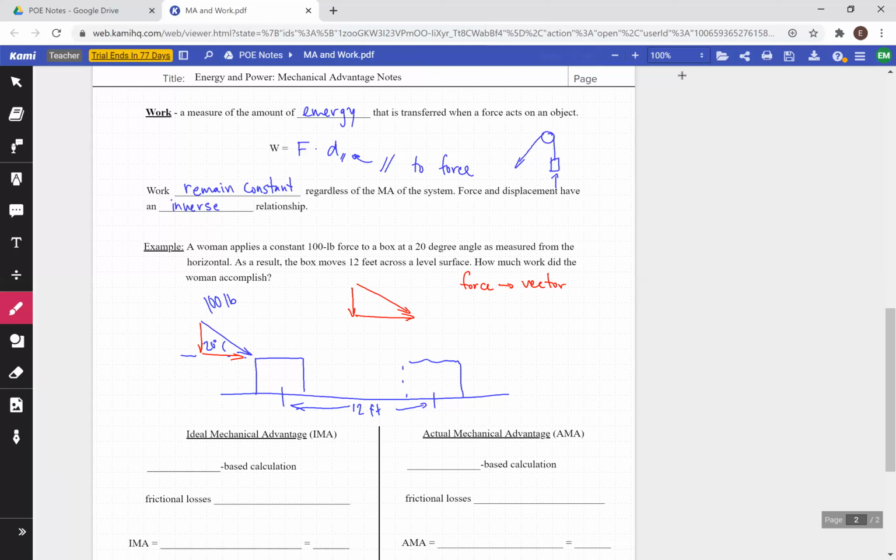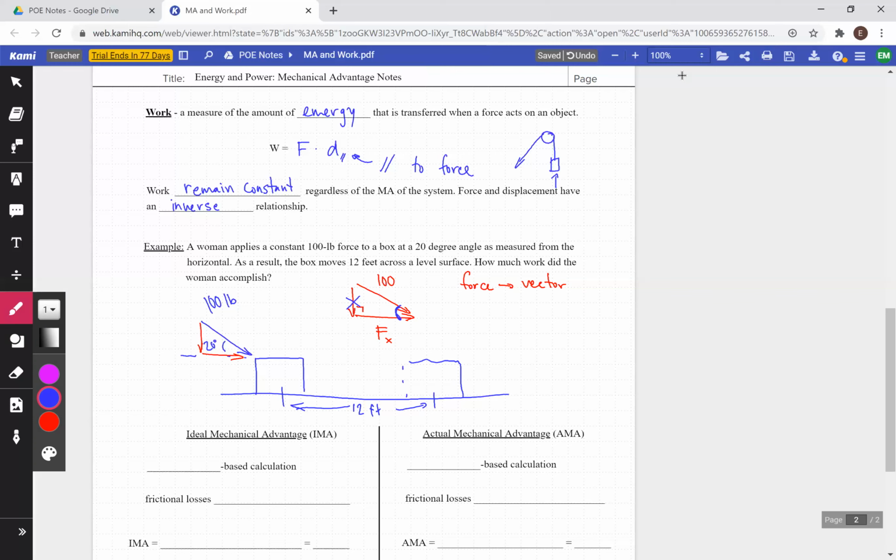So force is a vector, and this is just a simple right triangle because horizontal and vertical are perpendicular. So if the hypotenuse of my right triangle is 100, and I'm looking for the force in the horizontal direction, because the vertical direction is not going to do any work, we can call this Fx. And here's our angle, just so we remember, that's 20 degrees.